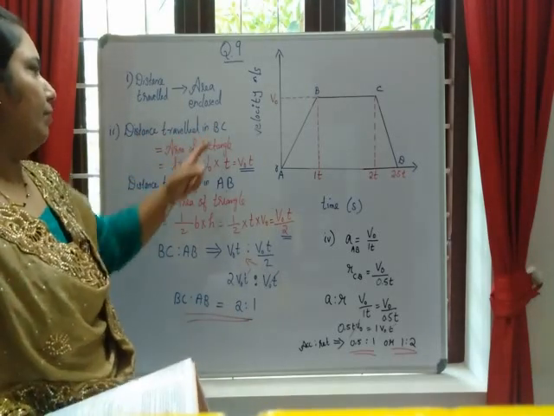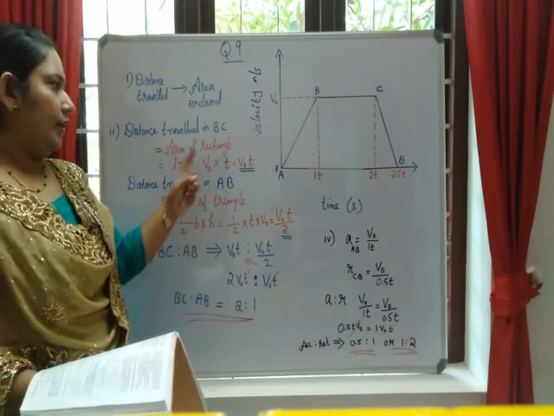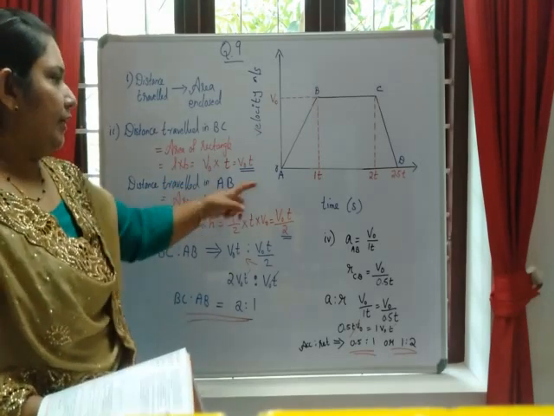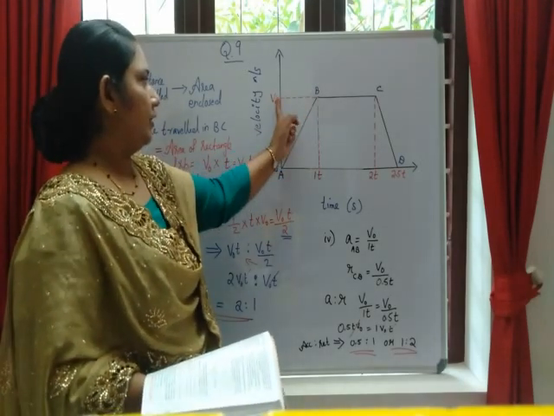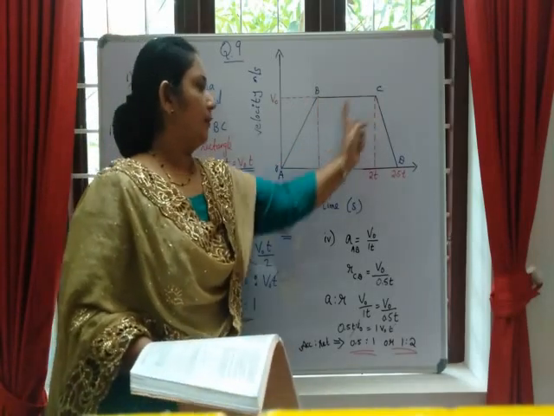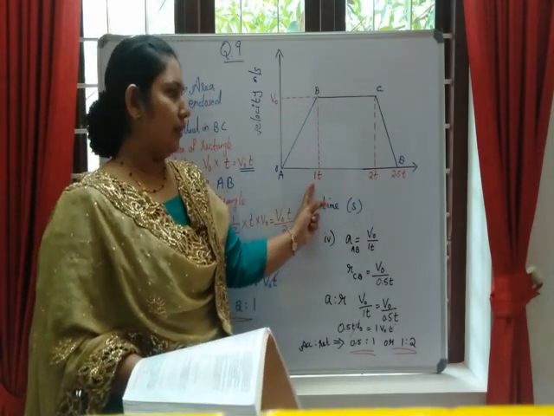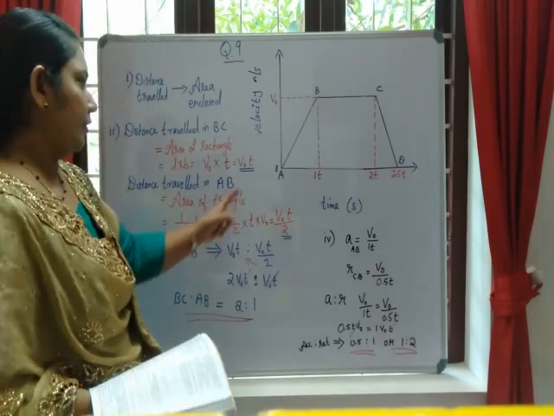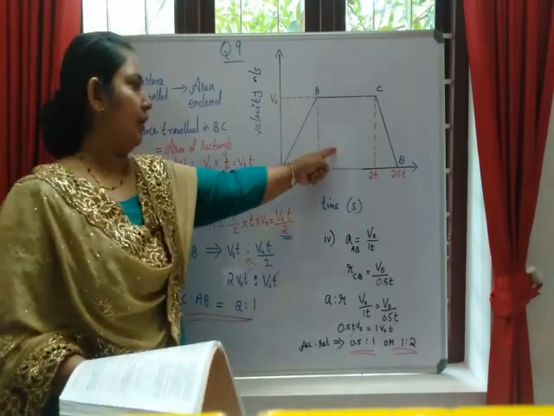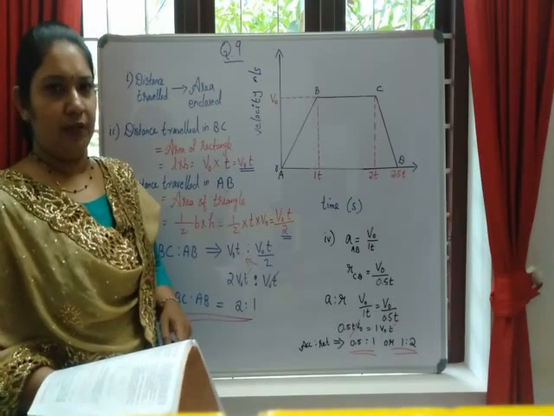Distance travelled in BC, area of a rectangle, length into breadth. Here length is V0, and breadth is 2t minus 1t. 2t minus 1t is 1t, or simply t. So area of the rectangle we got as V0t.